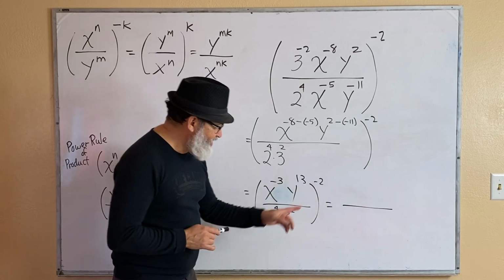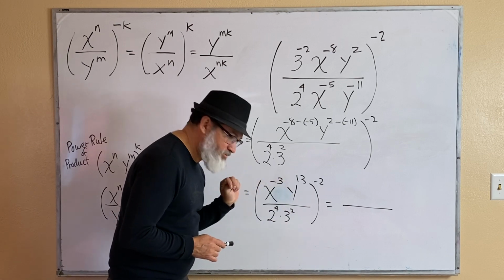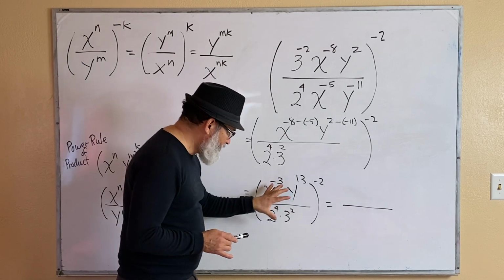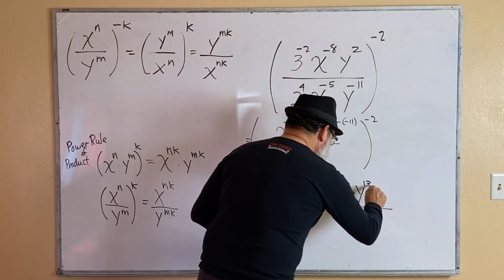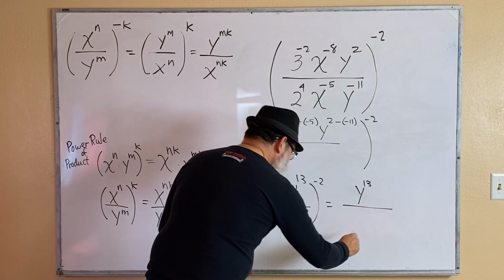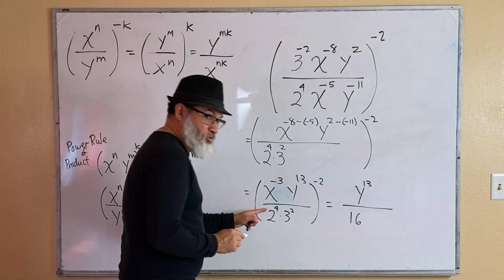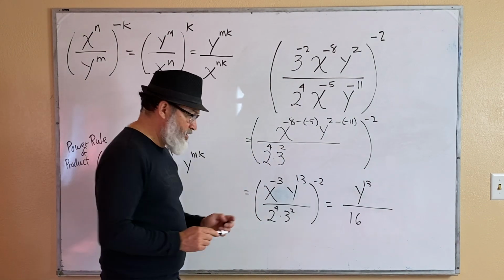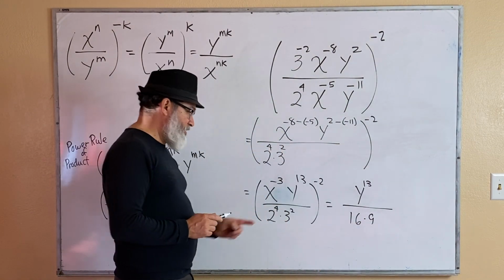I'm not gonna make this positive yet. I'm trying to simplify the house first. So this is y to the 13th. And this is 16. Okay, 2 times 2 times 2 times 2 is 16. And this is 9. This square is 9.